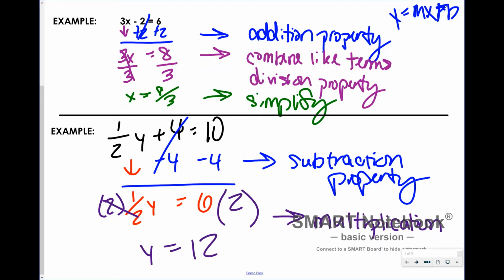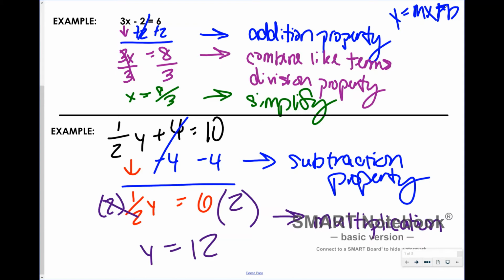And of course here I did the subtraction property when I subtracted. Now, the next step, if you guys remember from the last video that I showed you guys, the opposite of division is what? Multiplication.